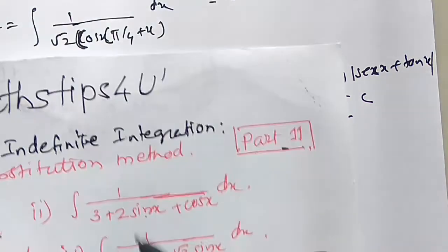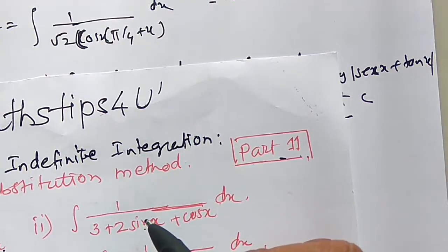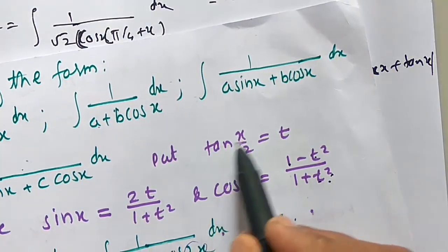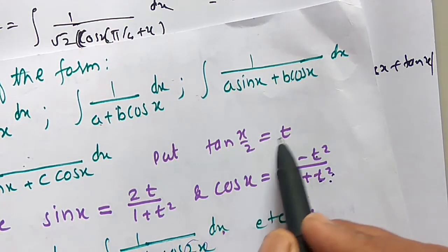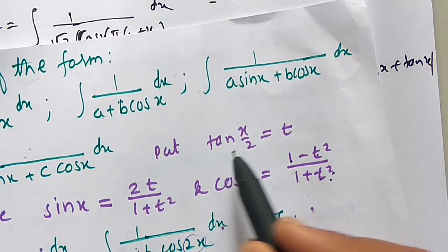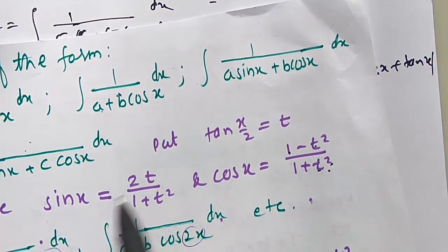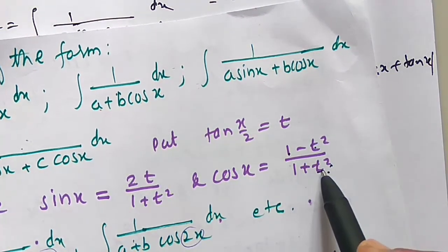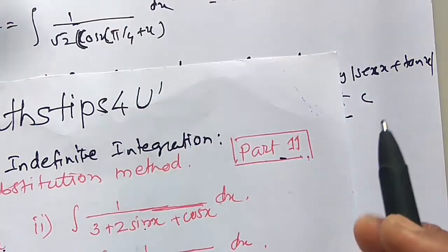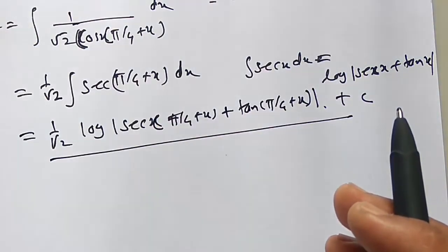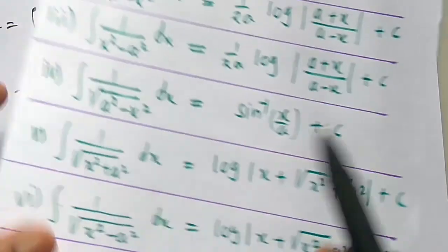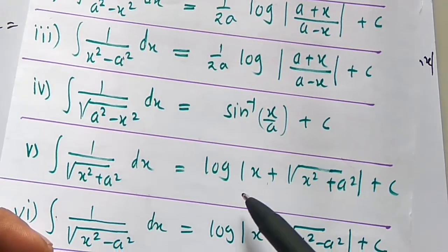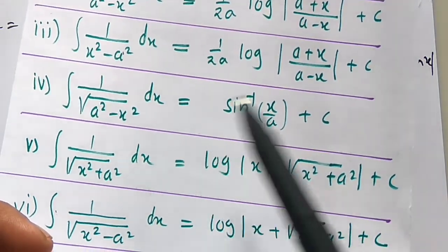This method is easier than the previous method. In the previous method we have to take tan x by 2 is equal to t, then find the derivative, then replace sin or cos by 2t upon 1 plus t square, 1 minus t square upon 1 plus t square, and by using these formulas you have to solve the given example.